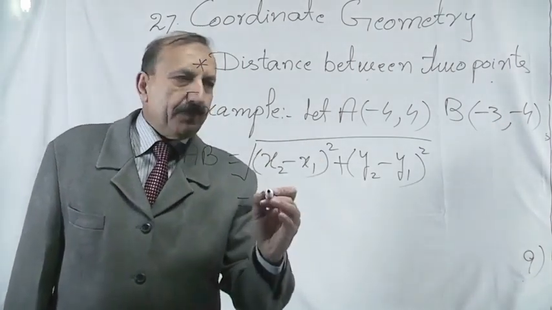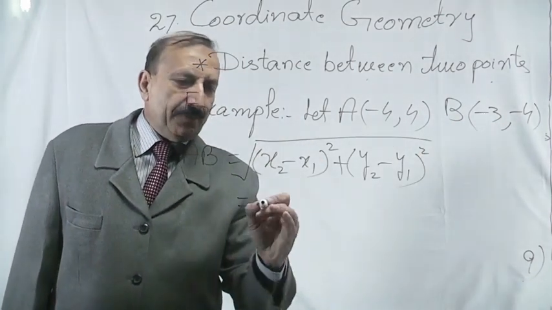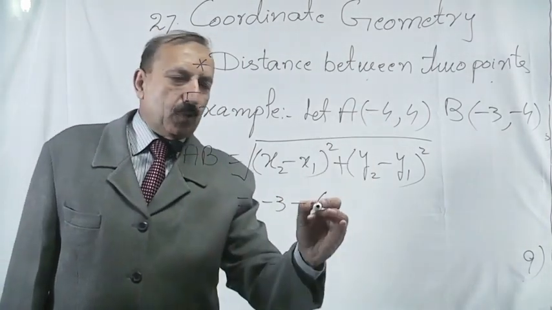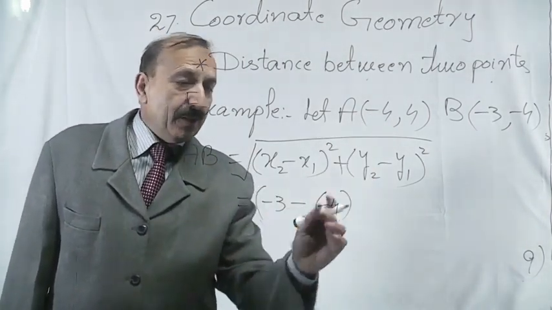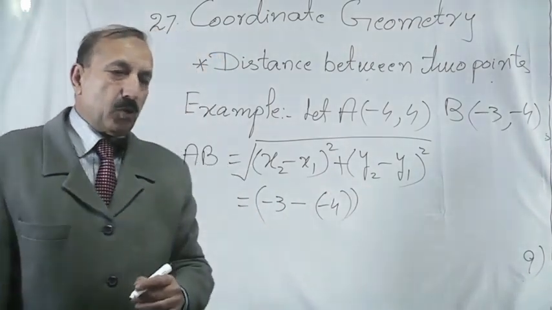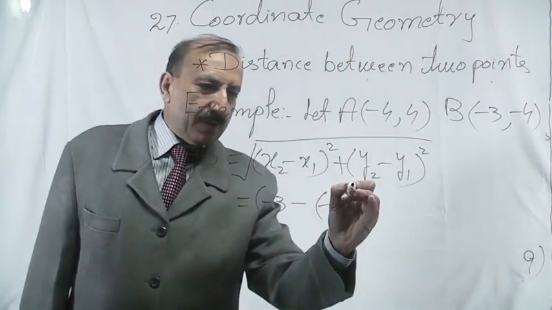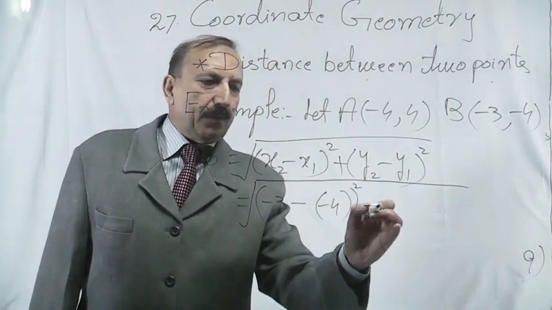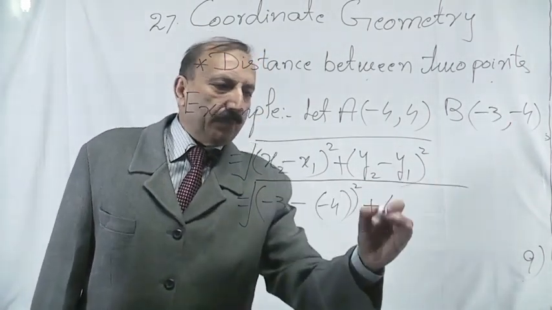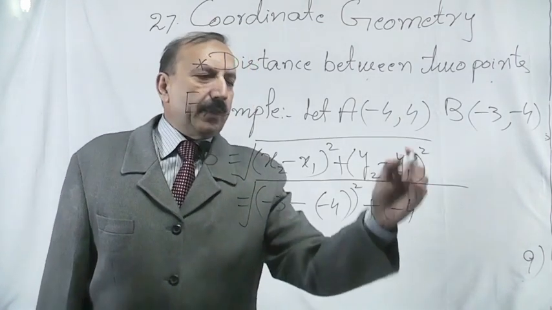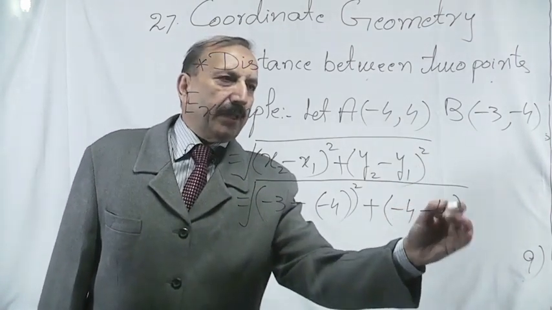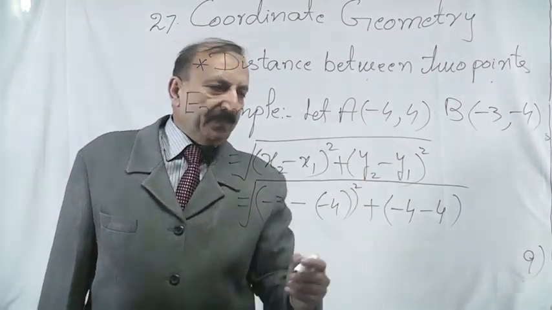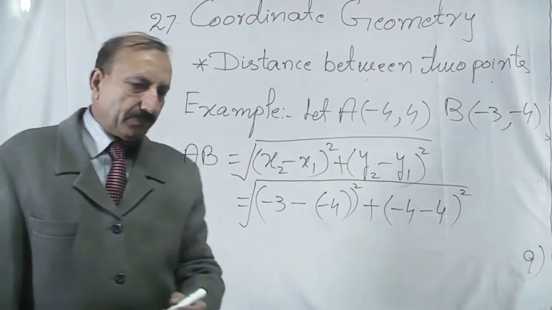So let's substitute here. The x2 is -3 here, minus the x1 which is -4. We need to write like this in brackets, so that there is no mingling of signs, and then plus y2 which is -4, minus y1 which is -4 again, whole square.